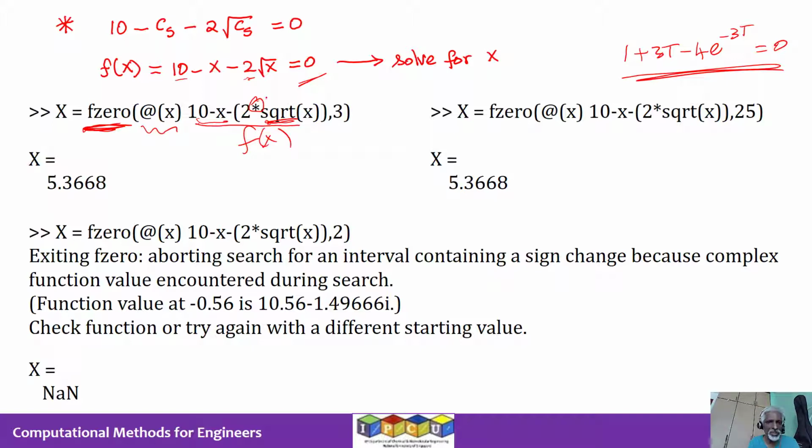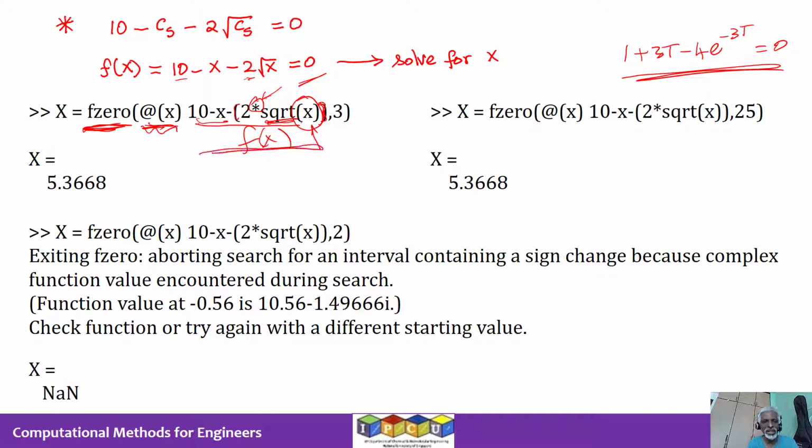The star is important to tell Matlab you're multiplying 2 with the square root of x. Then you put the square root of x in brackets like this. And always balance the opening brackets with closing brackets. So this closing bracket closes this one. Okay, done.